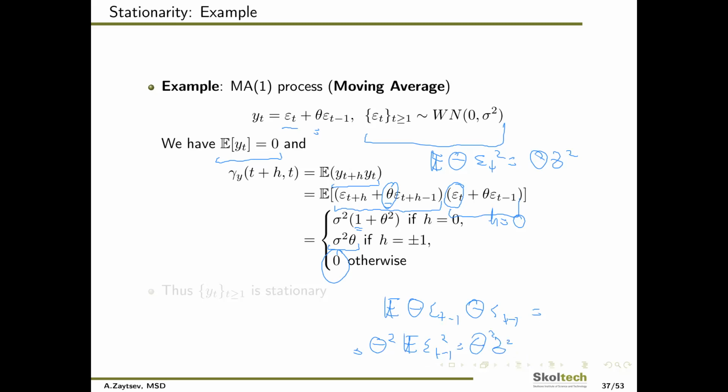So basically we have this function, and as you can see, it does not depend on t. So we can say that the mean value doesn't depend on t, and the covariance function also doesn't depend on t. So we observe a stationary time series.